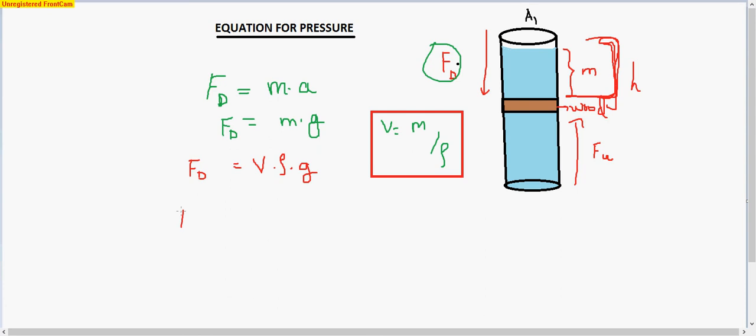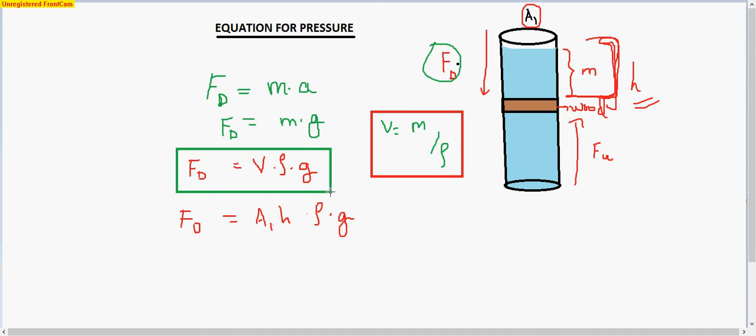So I can also write Fd as volume times rho g. Now what is volume? Volume is base area into height. The base area is A1 and the height is h. So volume is equal to A1 into h, therefore Fd equals A1 into h into rho into the gravitational constant. So we also get an equation for force, which can be used to find the force.